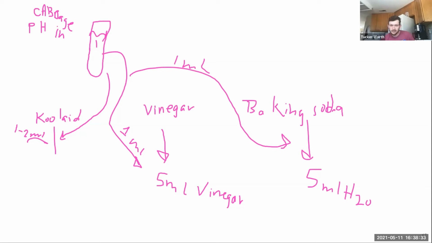Do you let it sit, or do you get the result instantly? With the strips, it's pretty instant. Okay, I would say it's almost perfect at around 4.